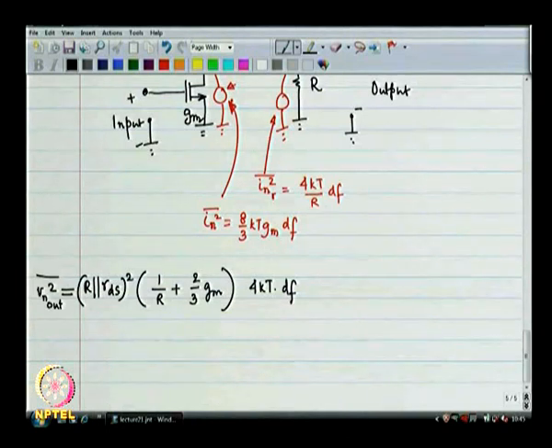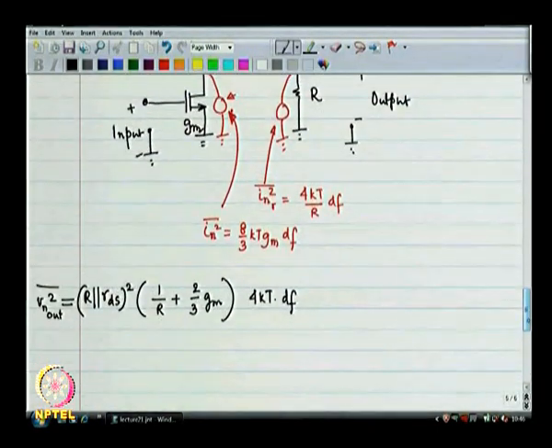Now, of course, this is at DC, I completely threw out all of the capacitors that were there, let them be. Once you put in the capacitors, the calculation becomes far more complicated, and you get your result in terms of the capacitors in fact, most probably.